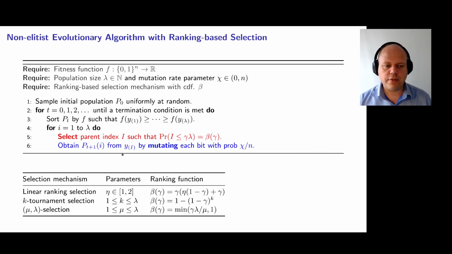To select an individual, the algorithm sorts the population according to fitness, with the best fitness first, and then samples the index i such that the probability that i is less than gamma lambda equals beta of gamma. Once it selects an individual, it applies bitwise mutation, so each bit is flipped with probability chi over n. By repeating this lambda times, we produce a completely new population, and we just continue with the next generation.